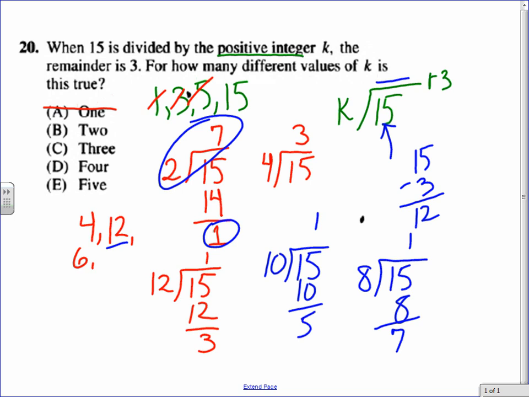And actually the next few are just going to go almost in order. So 11 into 15 will give you remainder 4. So these are just going to be decreasing.